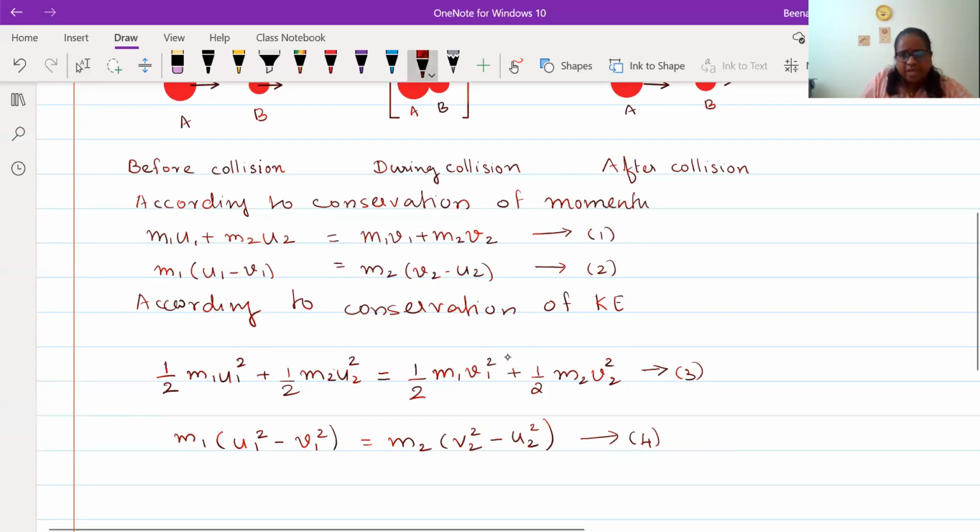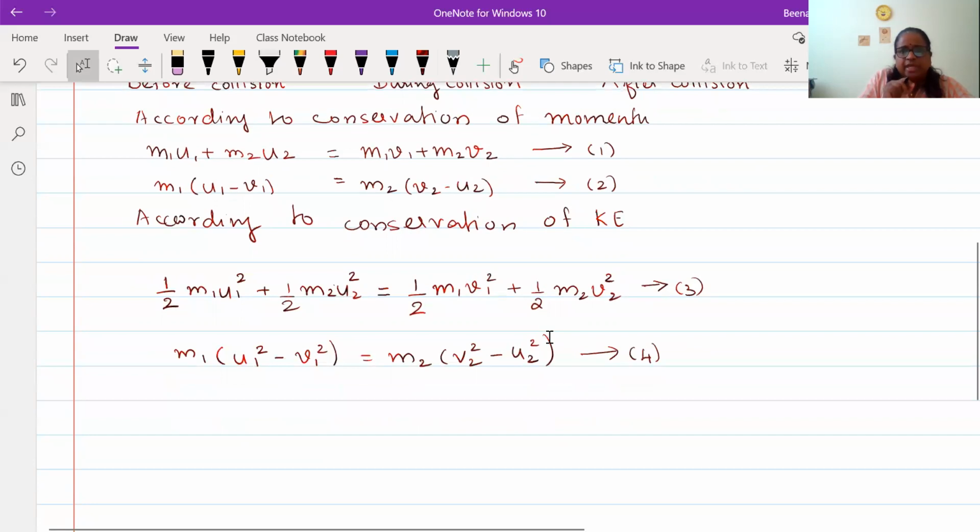Now we have to solve these equations and get the values of v1 and v2. The known values are m1, m2, and similarly the initial velocities. So what we can do is divide equation number 4 by equation number 2.